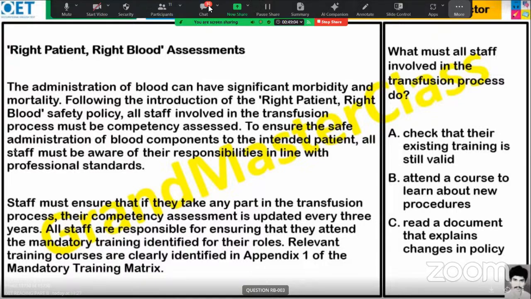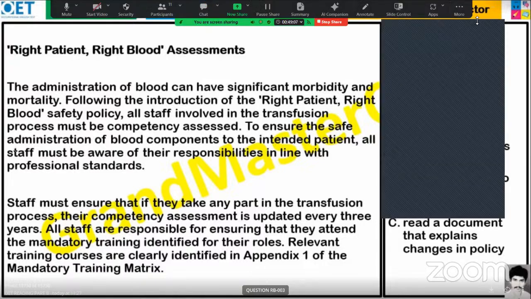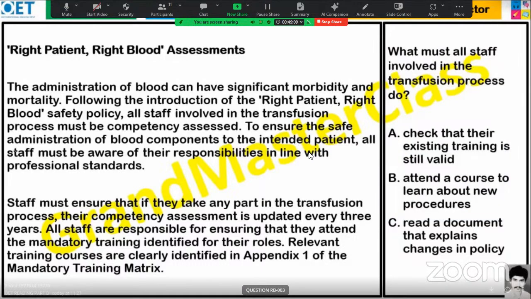So 10 members have given the answer. War is one-sided, that's fine. So now let us check the answer.